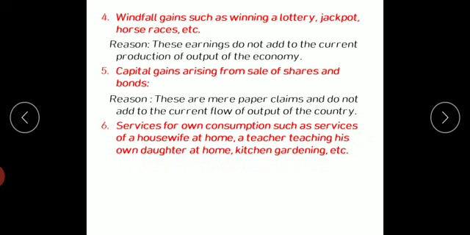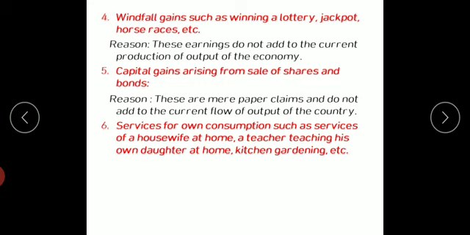Services for own consumption, such as services of a housewife at home, a teacher teaching his own daughter at home, kitchen gardening, etc. I told you that there are some activities which are very useful, productive activities, but we cannot calculate the actual value of those services at the current market price.